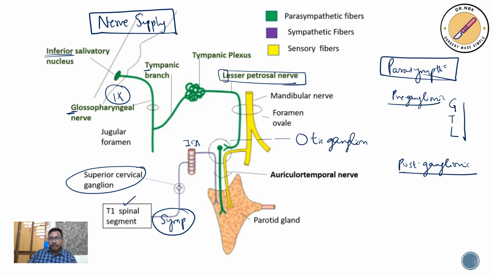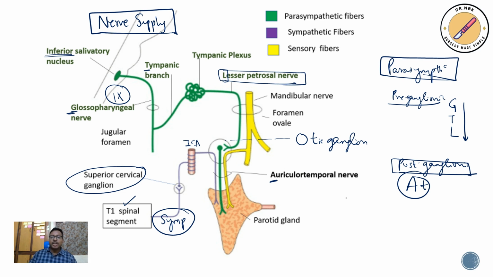This is the order in which it is carrying. Next, after the relay, the postganglionic fibers are mainly by the auriculotemporal nerve. So the main source of postganglionic supply is the auriculotemporal nerve.